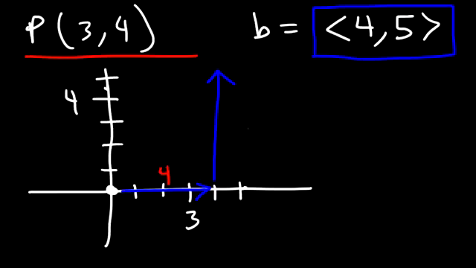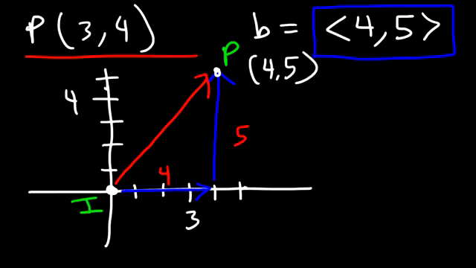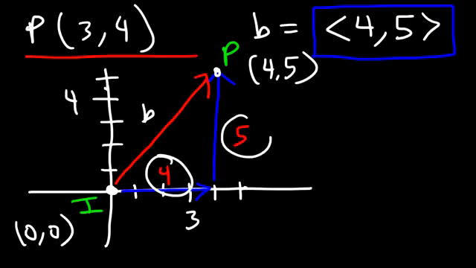So this is 4, this is 5, and vector B starts from the initial point, which we just based from the origin, and it ends at the terminal point, which in this case is the point (4, 5), but the initial point is (0, 0). And so that's vector B. It has an x component of 4 and a y component of 5.